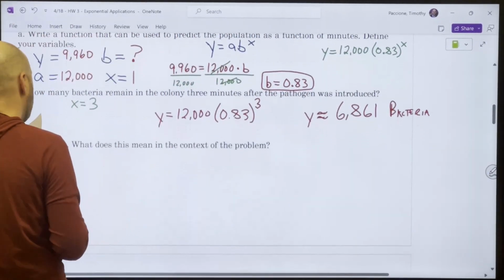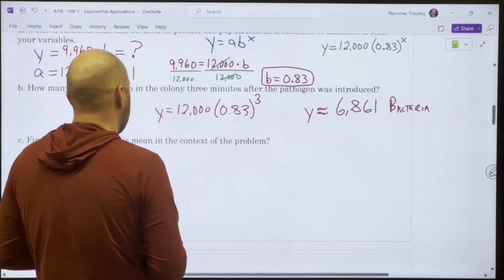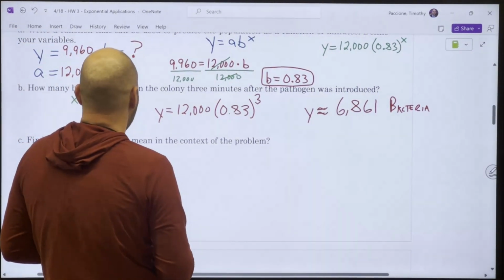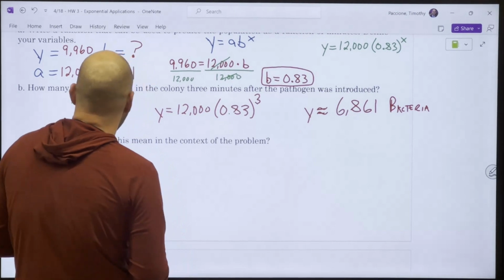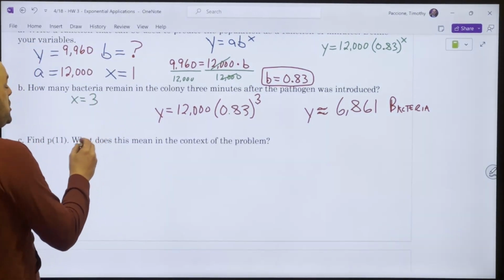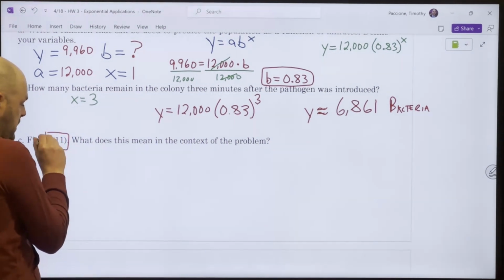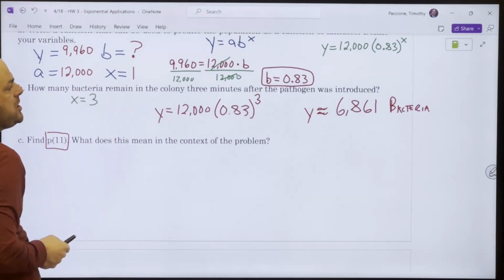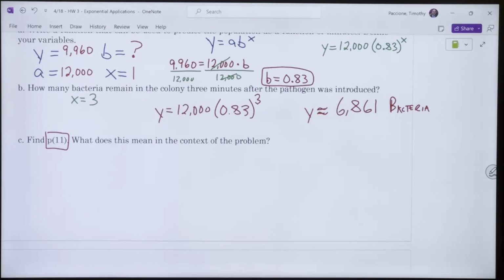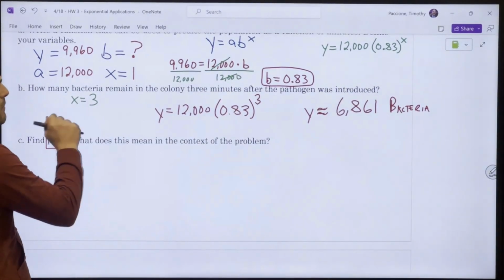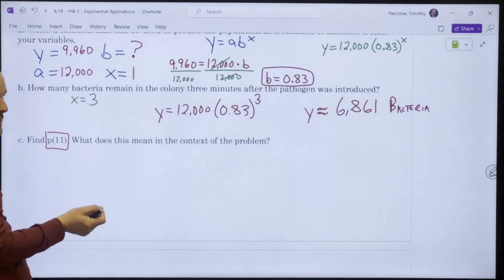Here, find p of 11. What does that mean in the context of this problem? Yeah, it's just this is asking in math notation the same question that was asked in B, right? But with a different number. It's asking the same thing. How many bacteria will remain after 11 minutes, right?